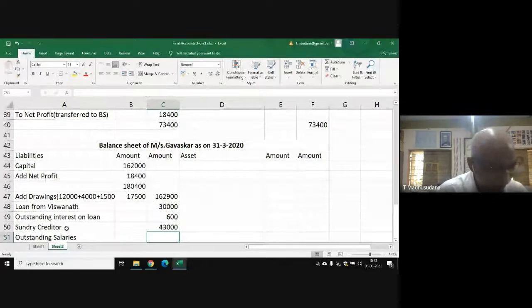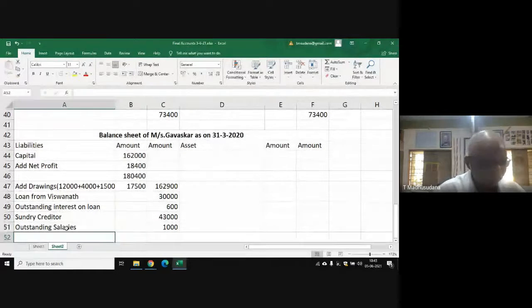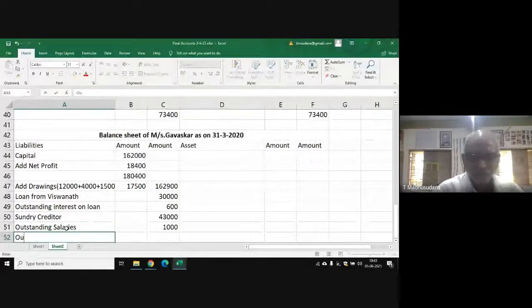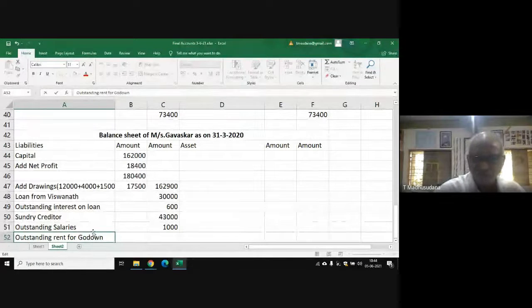So that's why we have to show them on the liability side. 1,000 salary outstanding. Next, outstanding rent for godown.